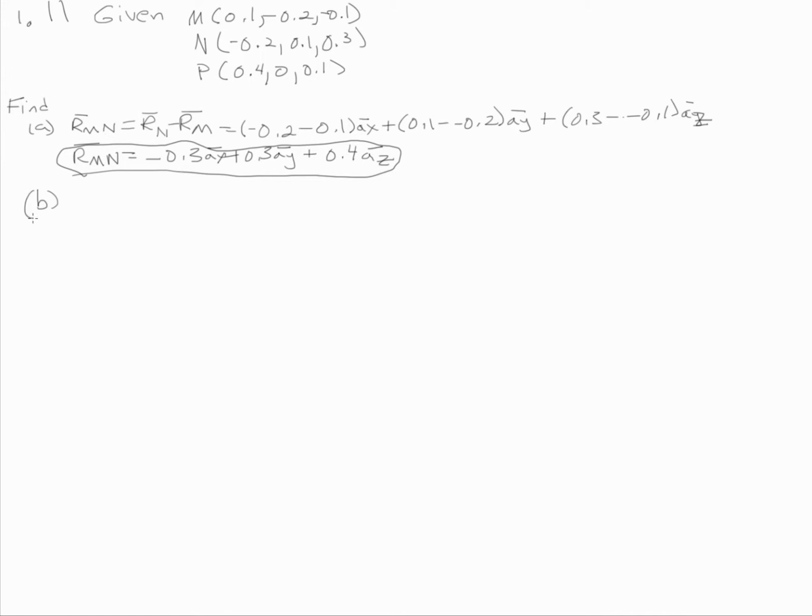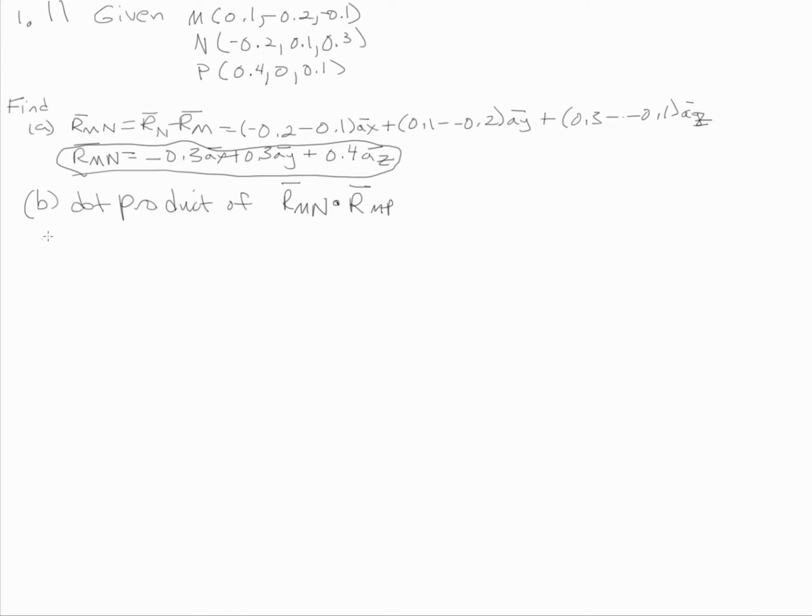And then in part B, they want you to find the dot product of R_MN dotted with R_MP. Well, we know what R_MN is.